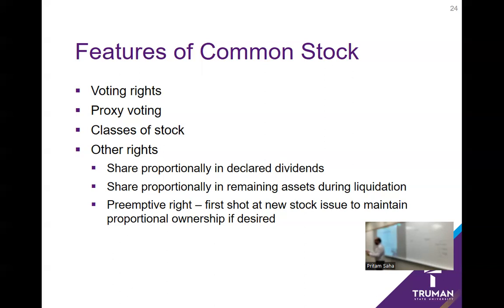So the idea is when any stock has preemptive rights, that means existing shareholders will be offered first for any sort of reissue. Do you want to maintain existing proportional holdings or not? If they say yes, all those reissues will go to them. If they say no, then we will go on to new investors.